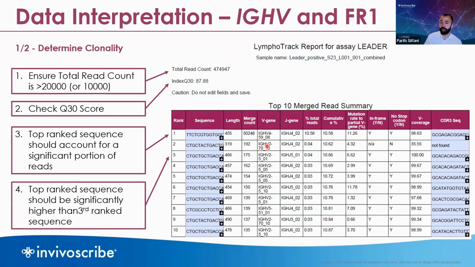The MRD software will actually look at all 100% of reads, and it will look for our sequence of interest, which is our clonal rearrangement from diagnosis, and it will try to find that one. It does not matter if it's present with 1,000 reads or 100 reads. I think 5 reads is the cutoff it needs to detect. And as long as there are at least 5 reads, it can call that as positive or MRD detected.